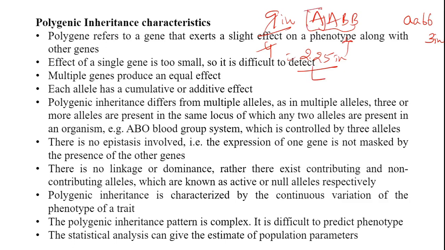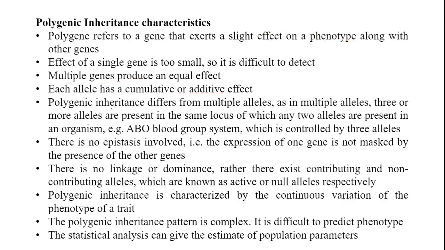So a single gene produces a contribution of 2.25 inches, and cumulatively it gives 9 inches. That means each gene produces equal effect and also shows cumulative effect: 2.25 plus 2.25, like that. You sum that up 4 times and you get 9 inches. That shows additive gene effect or cumulative gene effect.